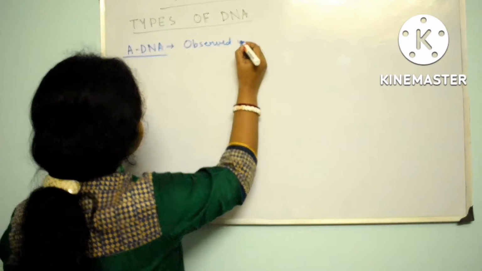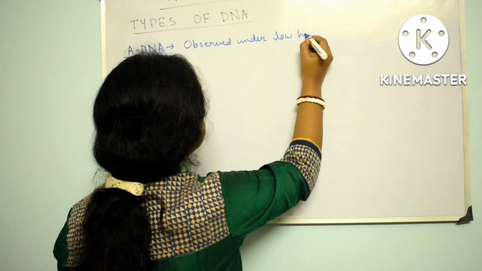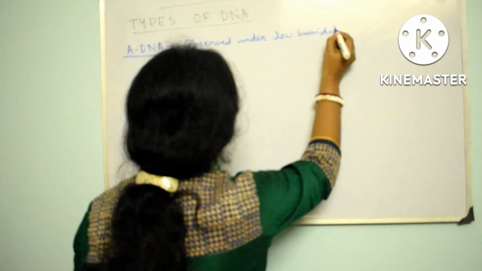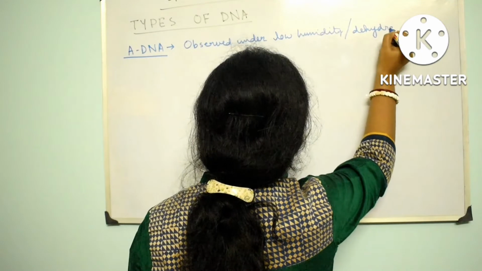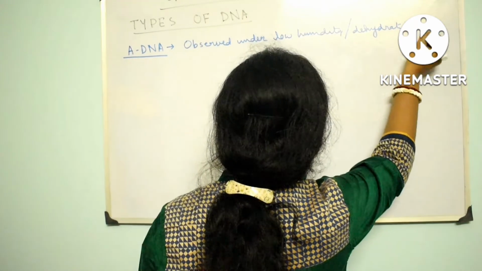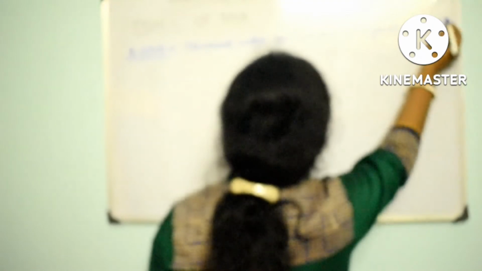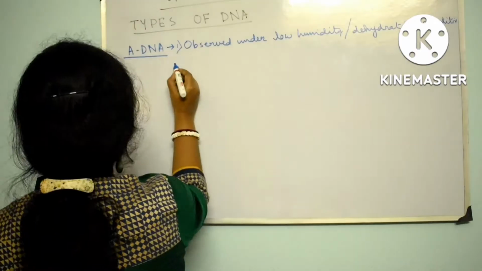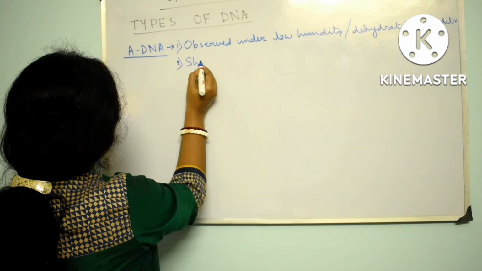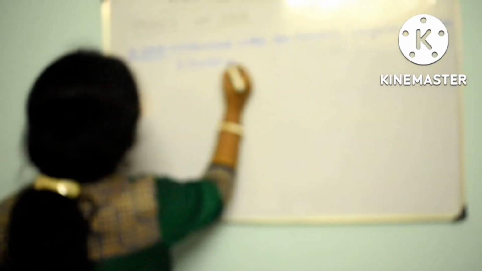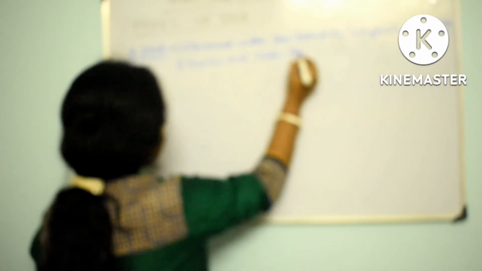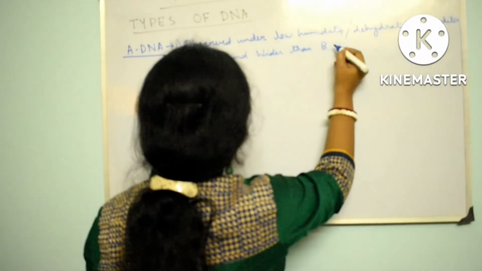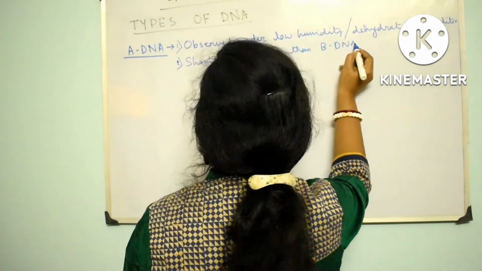Observed under low humidity or dehydrating conditions, it is shorter and wider than B DNA.